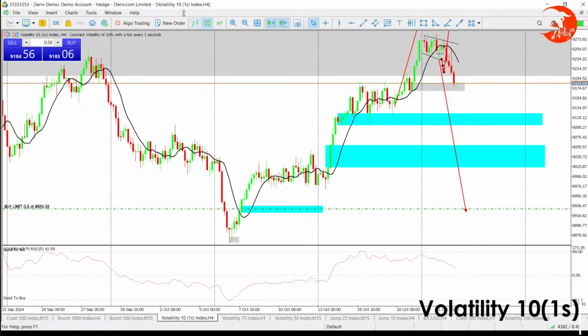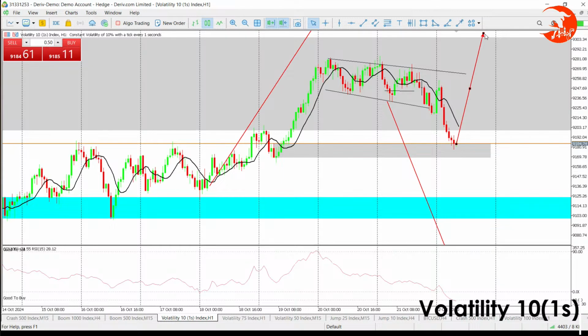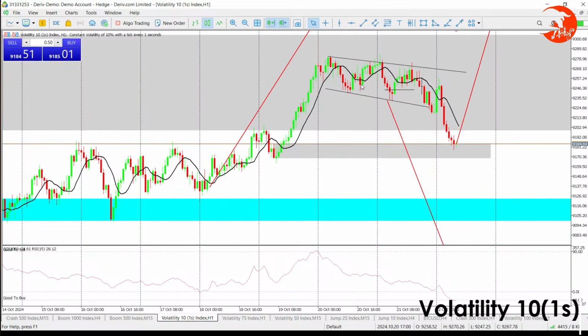It is on the same level, so we will see if this return that we are waiting for to head over there will happen on that, because most of the times there is always that manipulation.